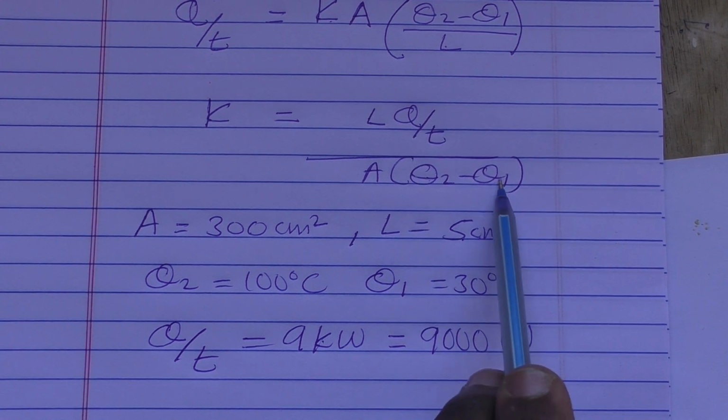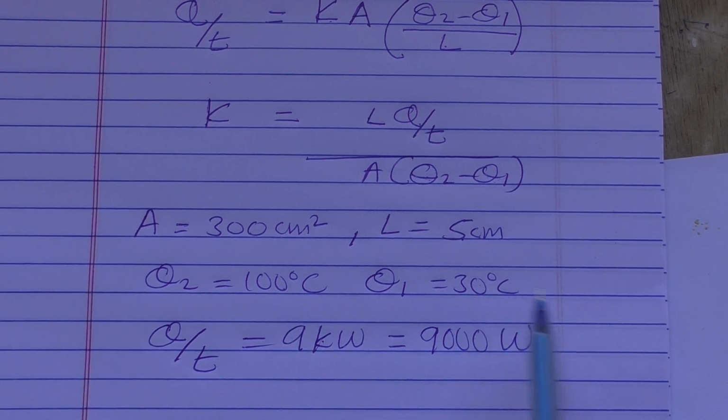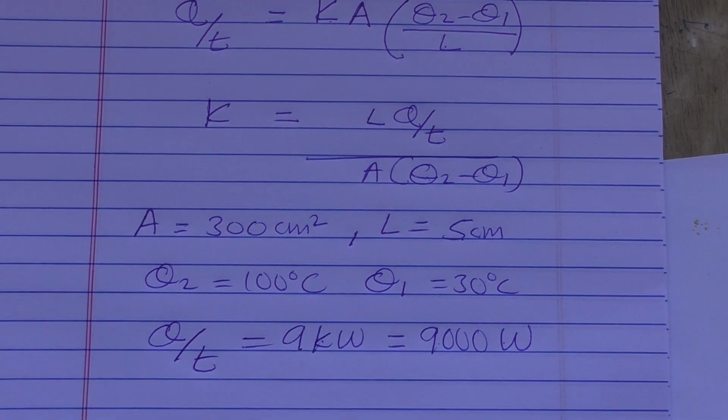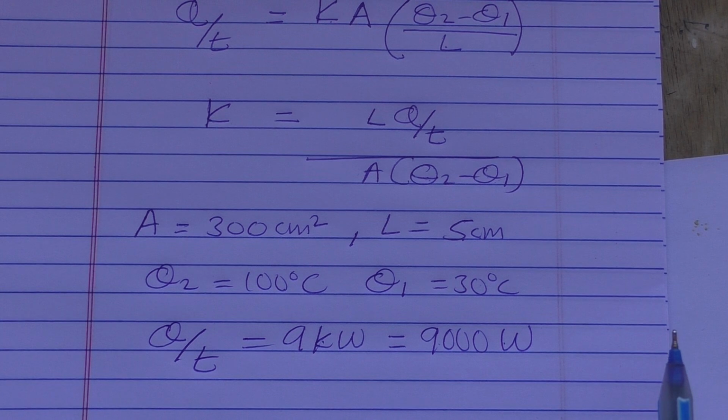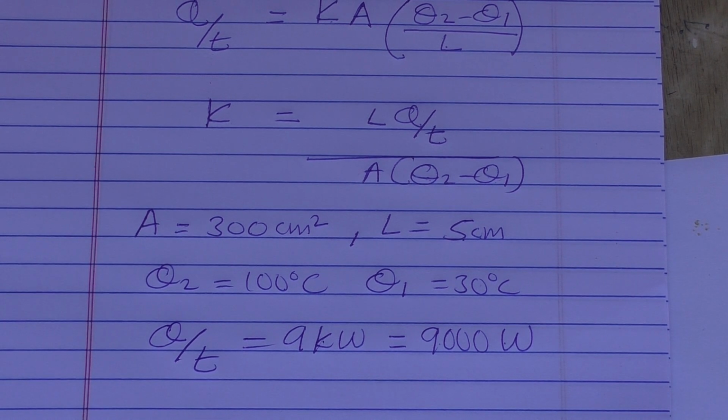After all, it is a difference. Whether we change to Kelvin or not, the difference remains the same. Then we substitute for Q over T to get the thermal conductivity K. So that has been our first lesson on heat transfer, and we are particularly looking at thermal conduction.